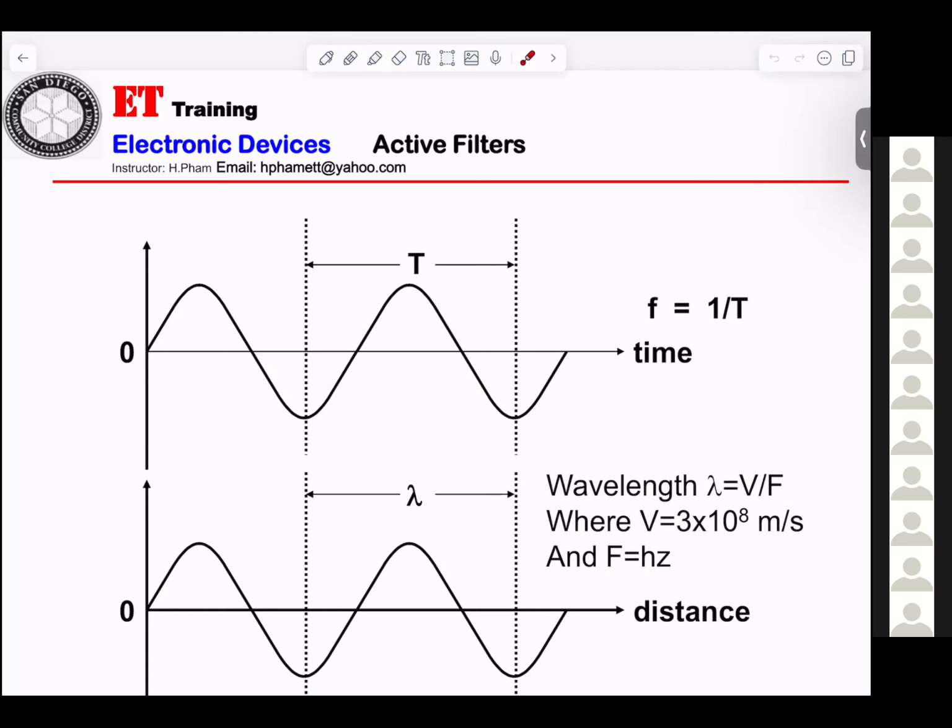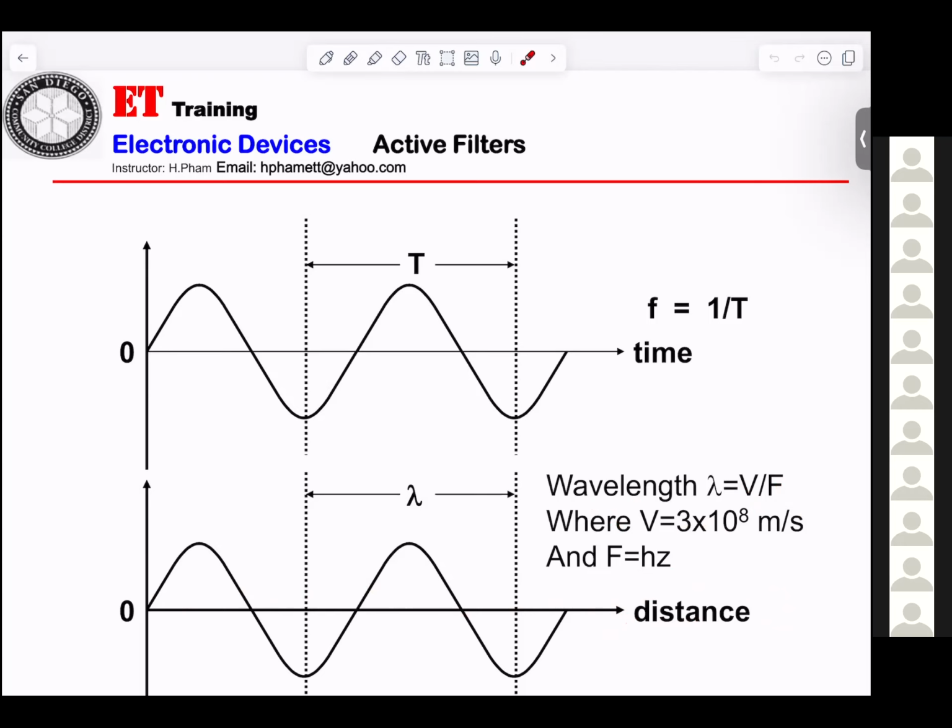And another one. Now, that will be distance domain. That means they vary with the distance. And that's why they get a wavelength lambda equal V divided by F, where V equals 3 times 10 to the power of 8 meters per second, and F will be in hertz.